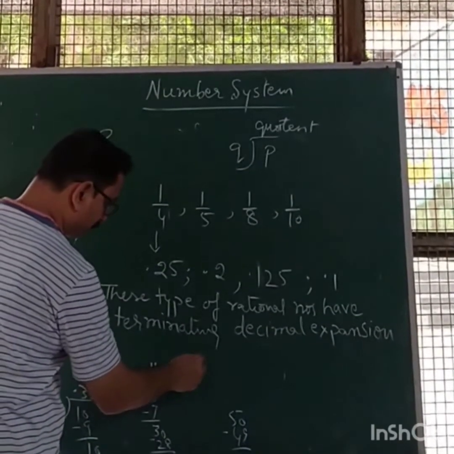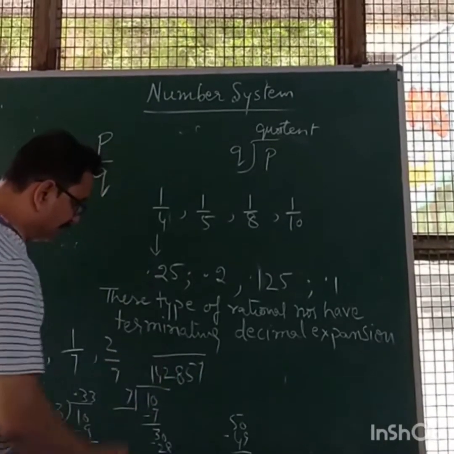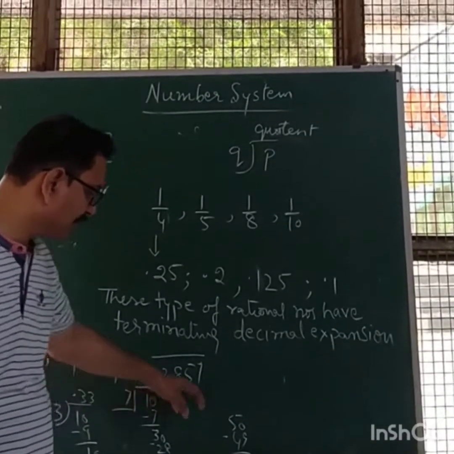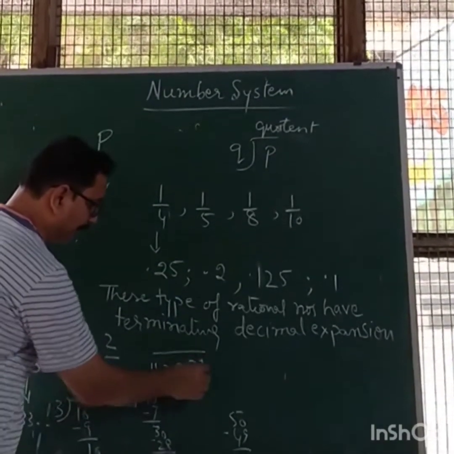So these digits 1 4 2 8 5 7 will keep on repeating.